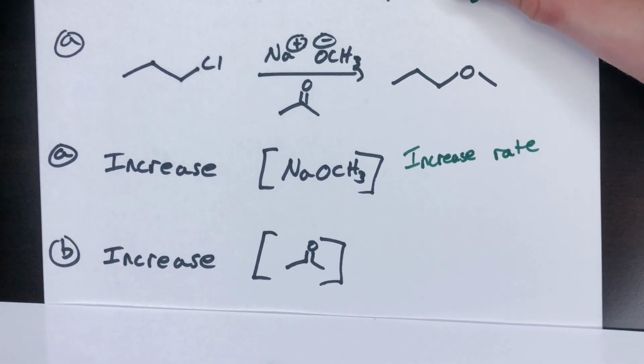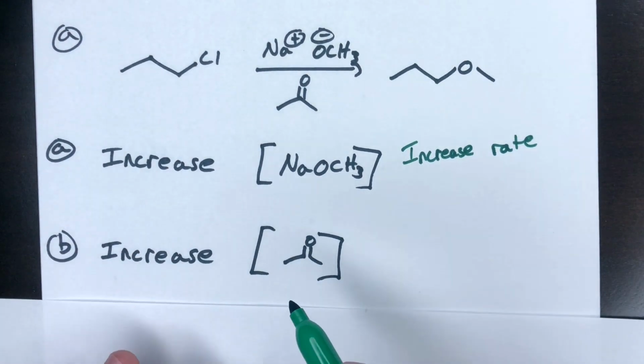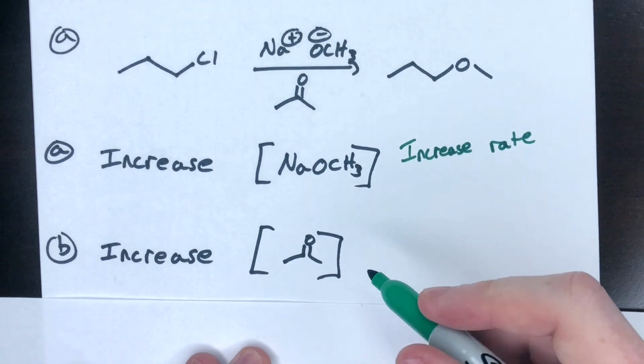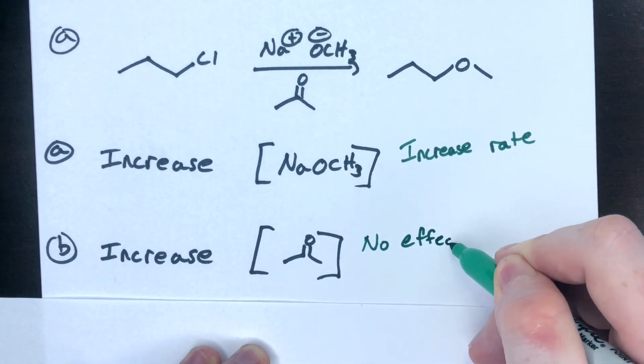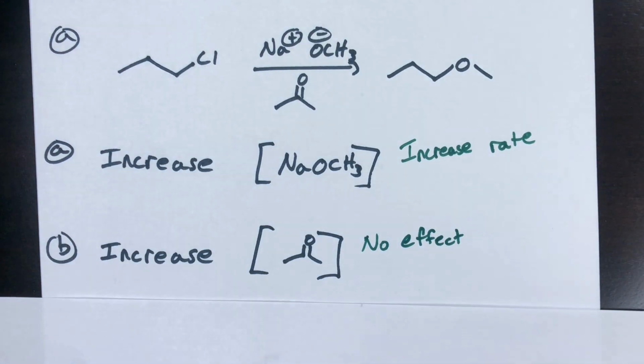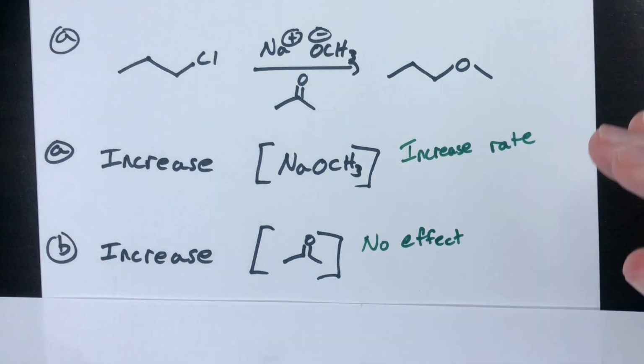Okay, what about if we increase the concentration of solvent, which is acetone? So this will have no effect because the solvent is already going to be in much higher concentration than everything else. And as we see from our rate law, it's not involved in the mechanism. It is only there to dissolve the salt of the sodium methoxide.